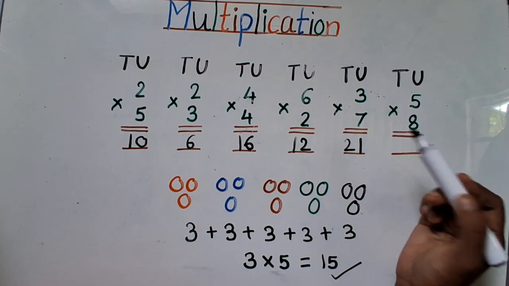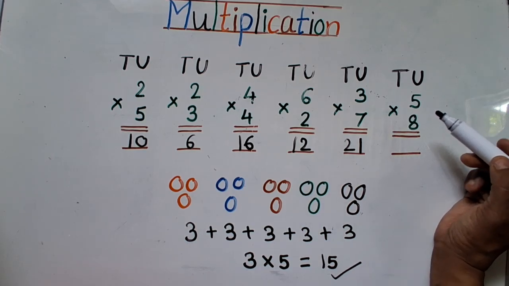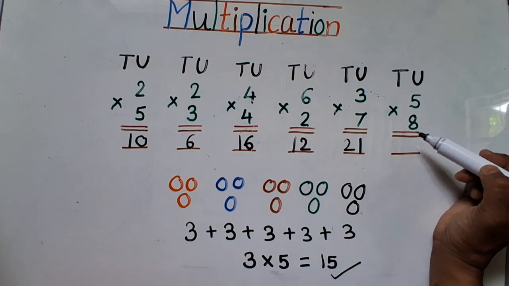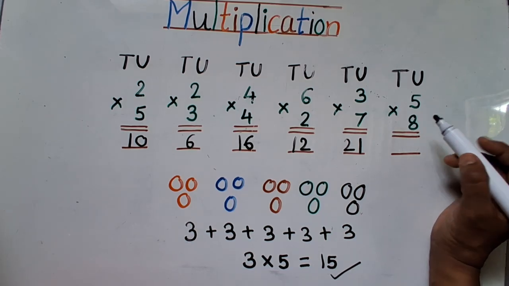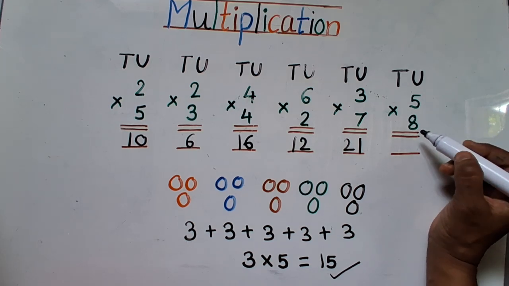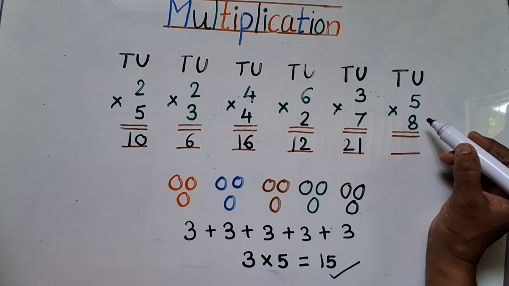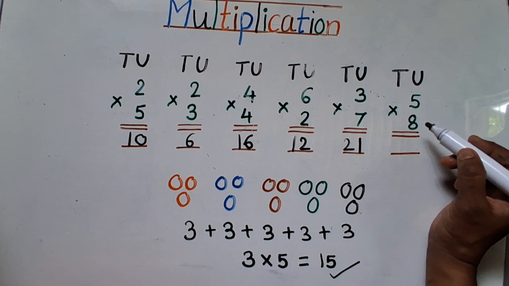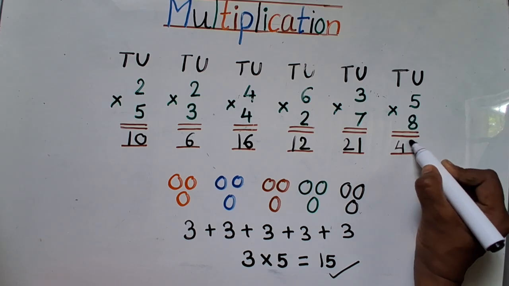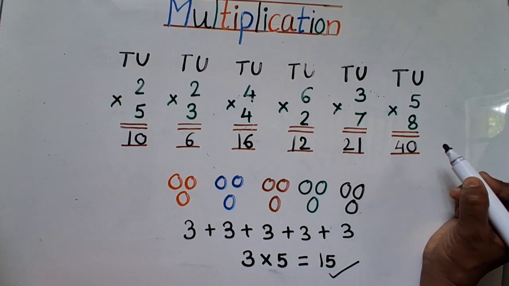Now kids, our last sum of single digit is 5 multiplied by 8. So for this purpose, I am going to recite the table of 8. See, 8 ones are 8, 8 twos are 16, 8 threes are 24, 8 fours are 32, 8 fives are 40. Right?